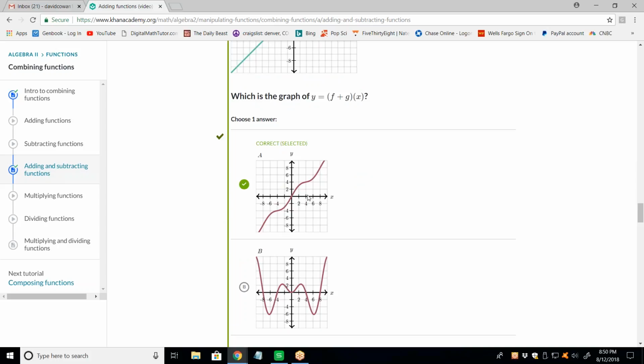And we already figured out that f plus g of 4 should be 4. And if we go down to this curve, f plus g of 4 is 0. So we can disprove B in one step.